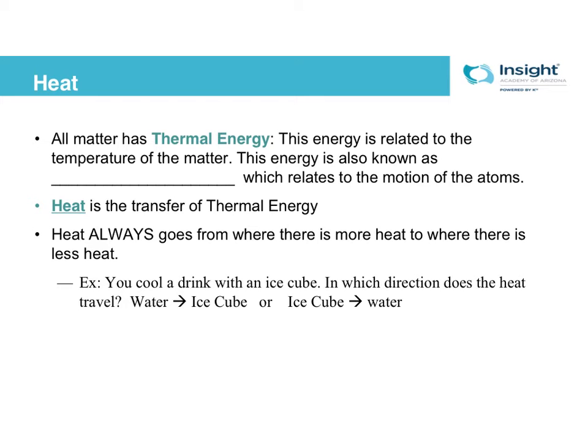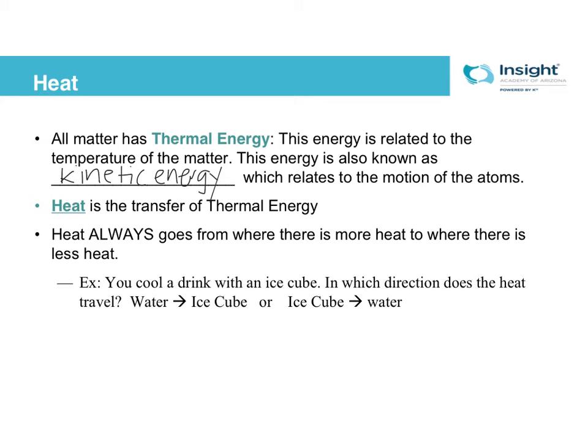I think we defined this in the gas law notes, but if this isn't familiar to you, you are definitely going to want to write this down again. Temperature is a measure of kinetic energy. So thermal energy and kinetic energy are synonyms. They mean the same thing.